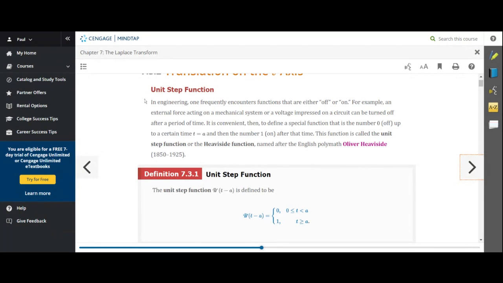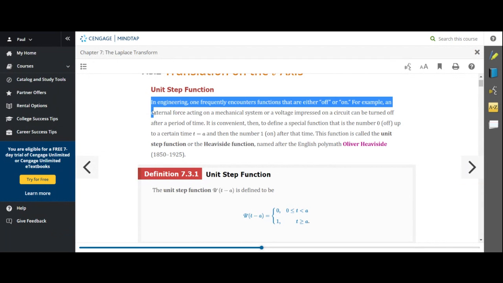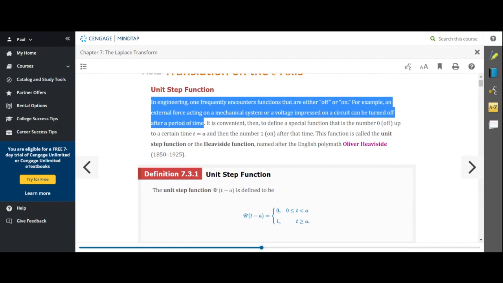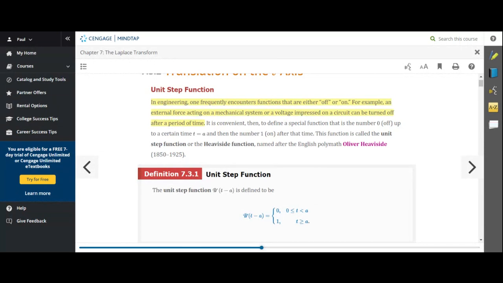they mention that in engineering, one frequently encounters an on or an off function. Well, functions that are either off or on. For example, an external force acting on a mechanical system or a voltage impressed on a circuit can be turned off after a period of time.